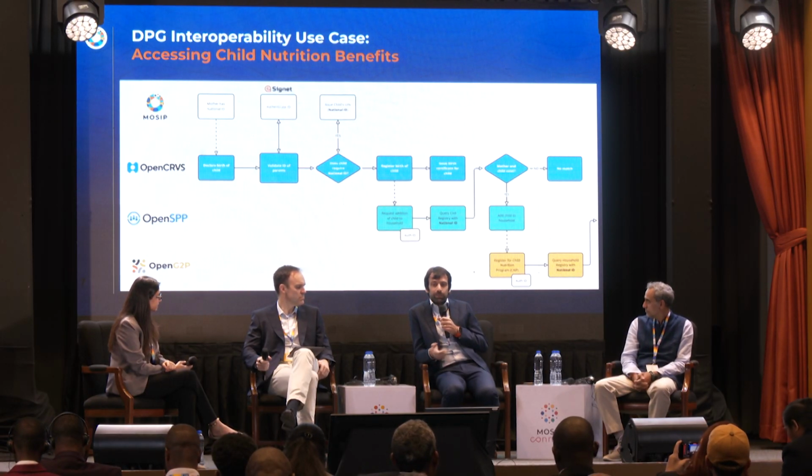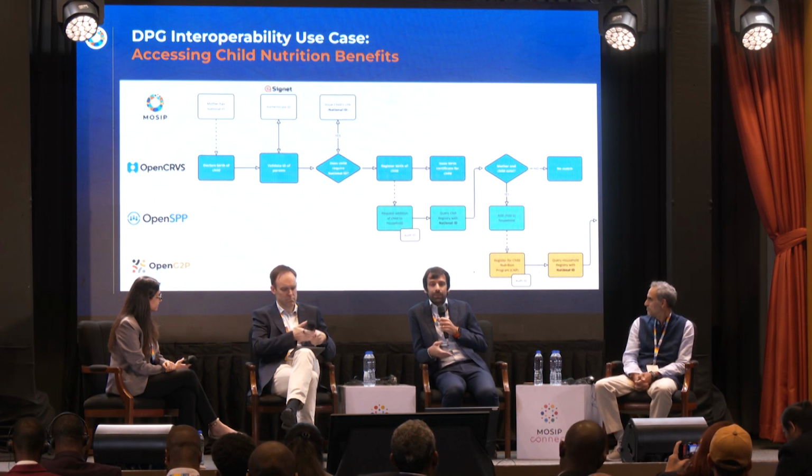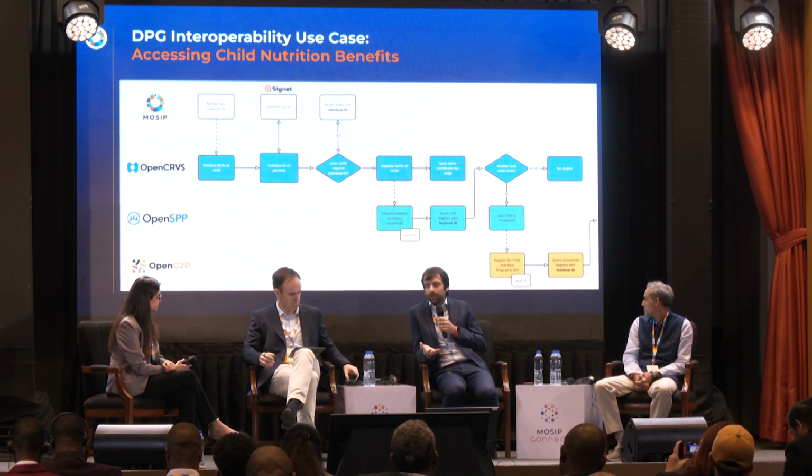They would be authenticated, and then they would provide the paper that OpenCRVS would have issued with the UIN and potentially later the verifiable credential that we would read.